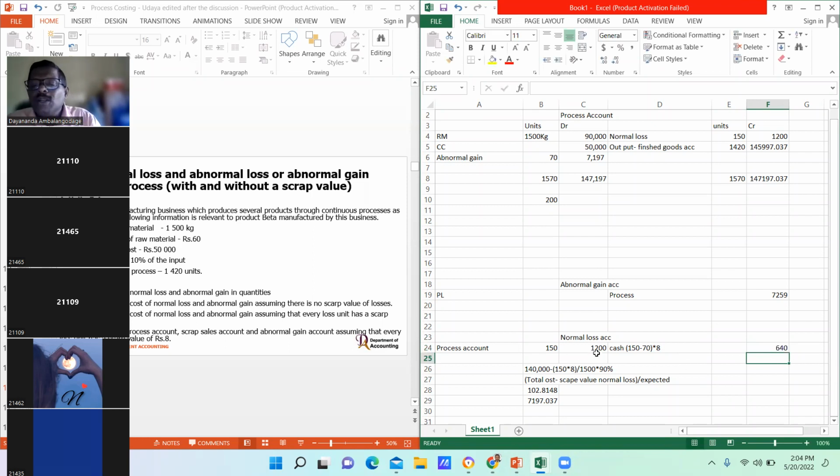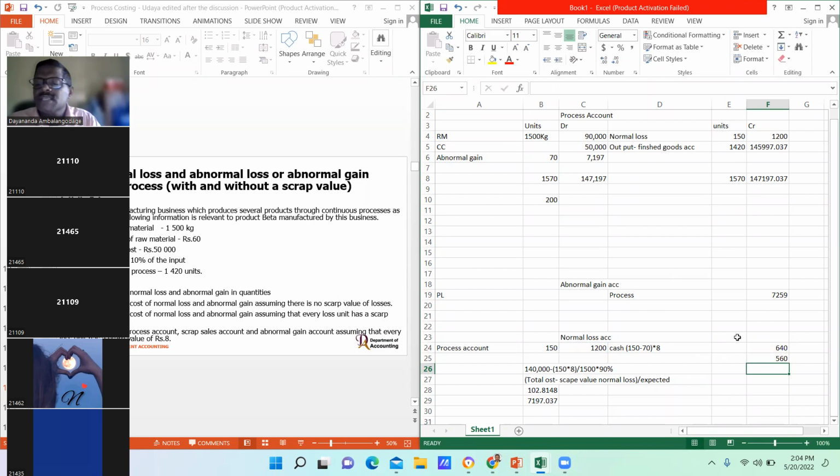So you see that normal loss account, there is a difference. Even though we counted 150 units, of course, we were able to sell only 80 units, 150 minus 70. So thereby, there is a difference in the normal loss account. How much? That is the difference between this 1,200 and this 640.